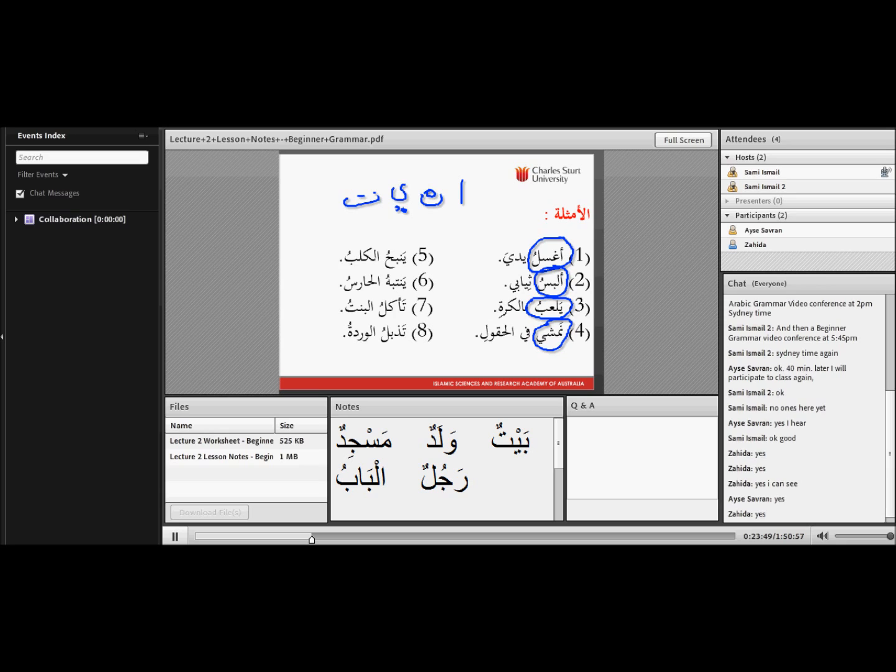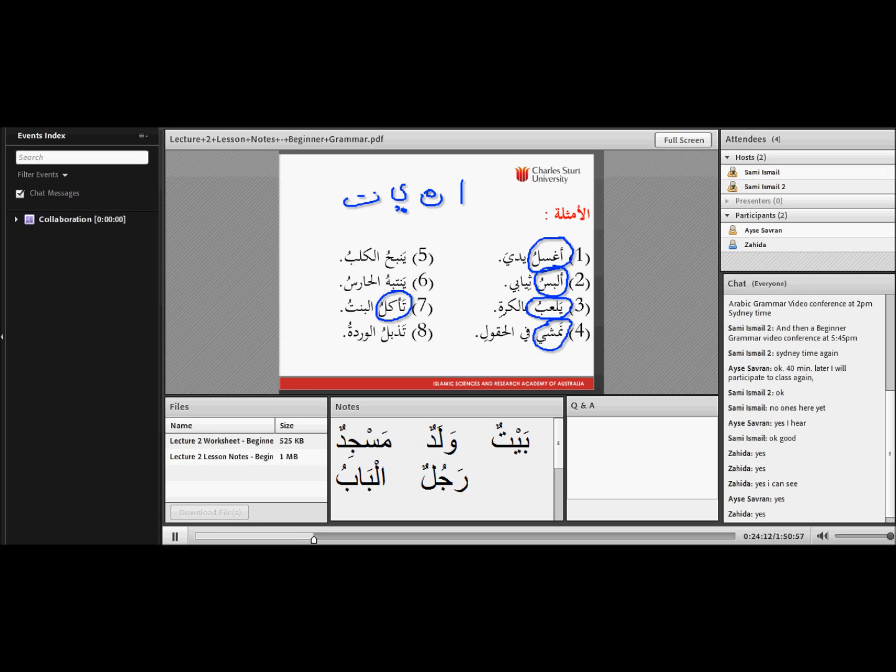Nun, here's the nun. And we haven't looked at the ta, which is here. Ta'kulu. So it's just for you to get familiarized with how the verbs look. So ta'kulu is ta'kulu al-bintu, the girl is eating. So that's a fi'al mudari as well.